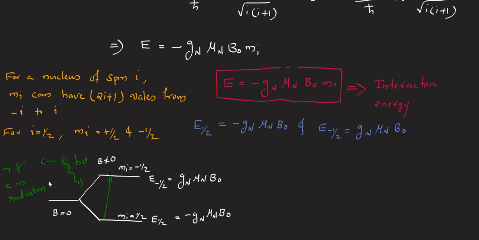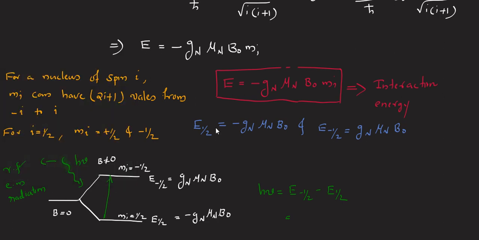Now what is the minimum energy required for this transition? The minimum energy that is required is the difference between the upper level and the lower level. This is equal to E minus half minus E half. This is equal to, here something is missing.